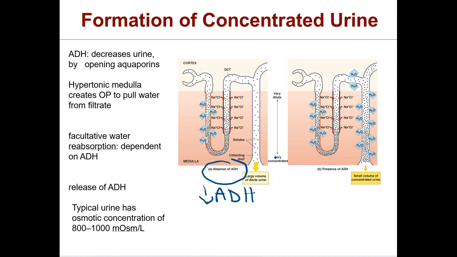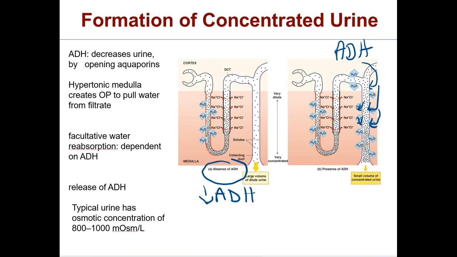But what happens is I am going to release ADH from my posterior pituitary gland, and that controls the number of aquaporins that open. The hypertonic medulla is what pulls the water out.